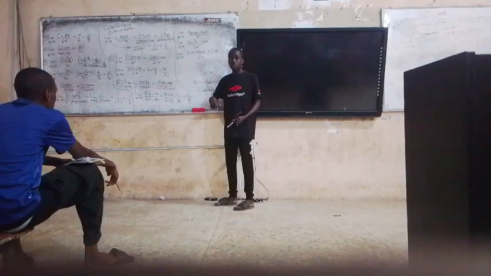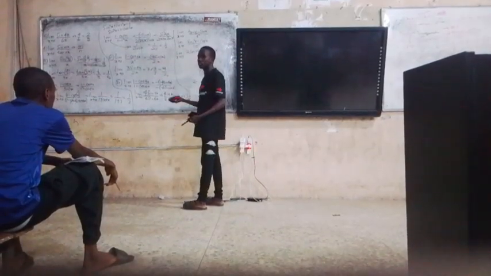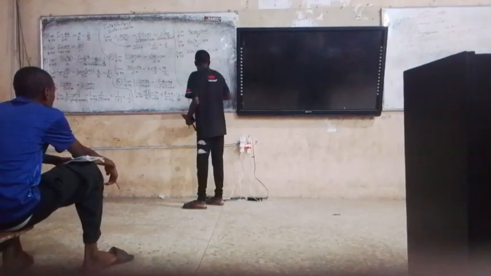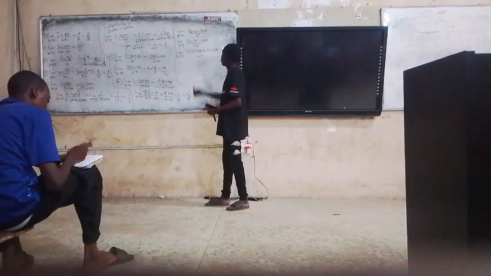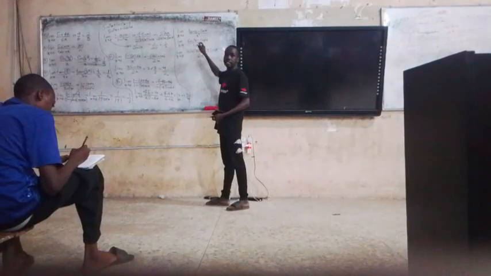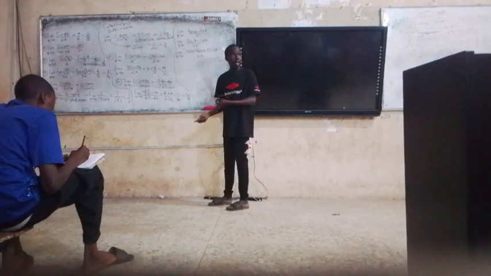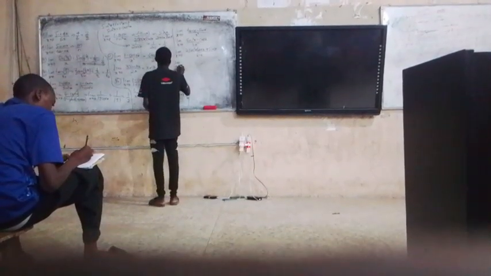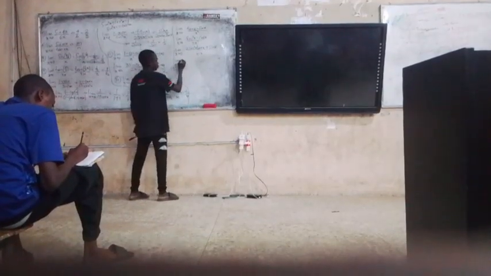Now, for me to differentiate sec squared x tan x, I'll just put up 2. Limit x tends to 0. We have space for 2 sec squared x. If you differentiate tan x, what do you end up having? Sec squared x.